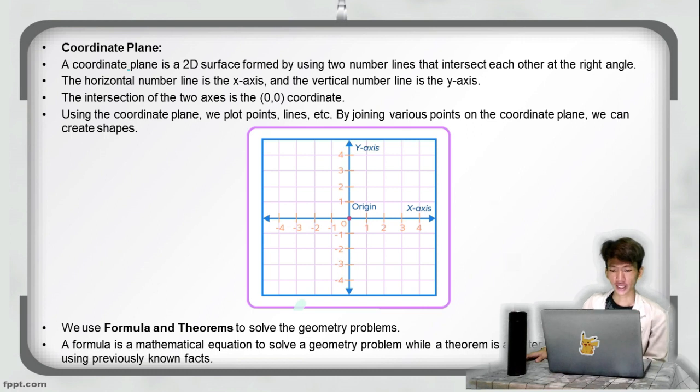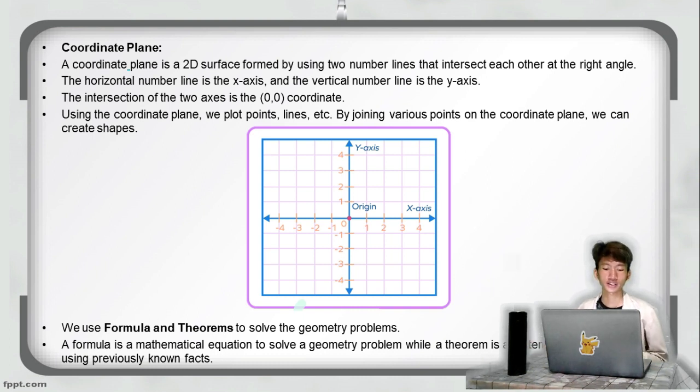Using the coordinate plane, we plot points, lines, etc. By joining various points on the coordinate plane, we can create shapes. You can see on screen the 2D surface called coordinate plane.